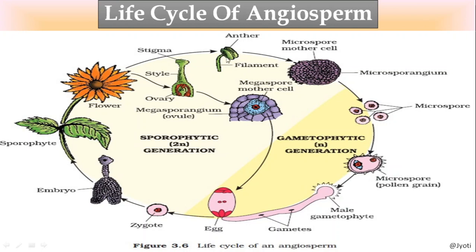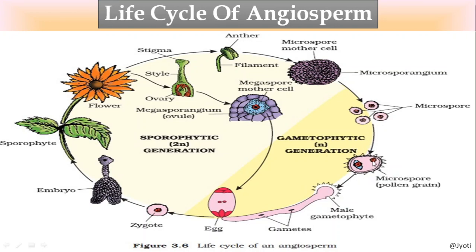So the anther produces the microspore mother cell. The microspore mother cells are produced inside the microsporangium. Then each microspore mother cell develops into four microspores, called a microspore tetrad, and each microspore develops into a pollen grain.